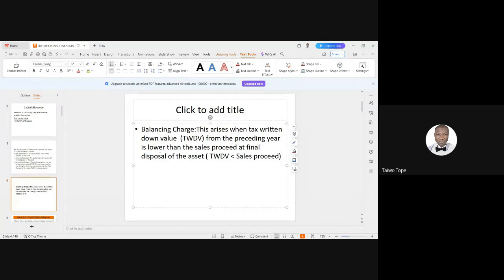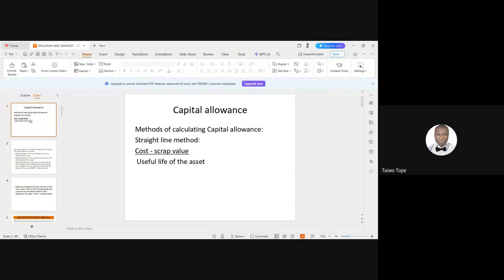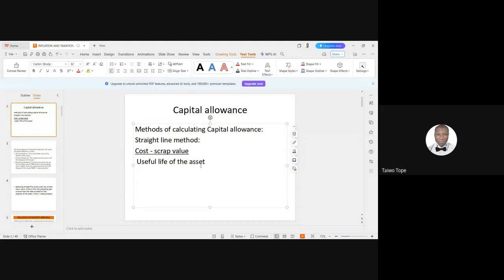So let's take note of these definitions. So going back to the issue of our straight line method of computing capital allowance, we can just pick a simple example to illustrate this. Let's see.